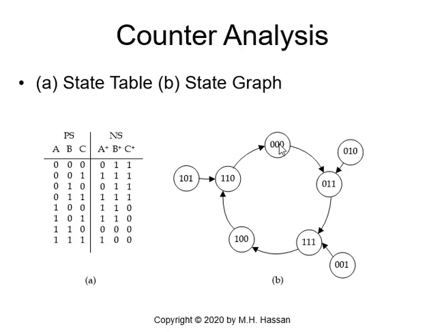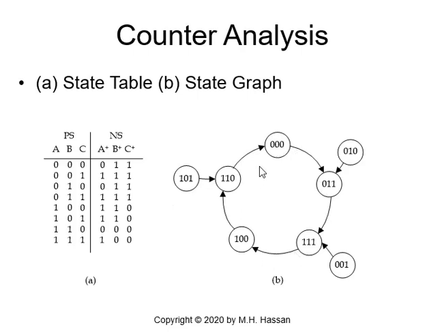Now I can map. If I am in state 000, without state assignment, I will go to 011. If I am in state 011, I will go to 111. If I'm in state 111, I will go to 100. If I'm in state 100, I will go to 110. If I'm in state 110, I will go to 000.